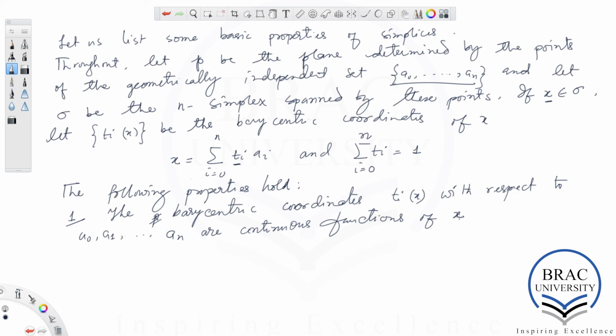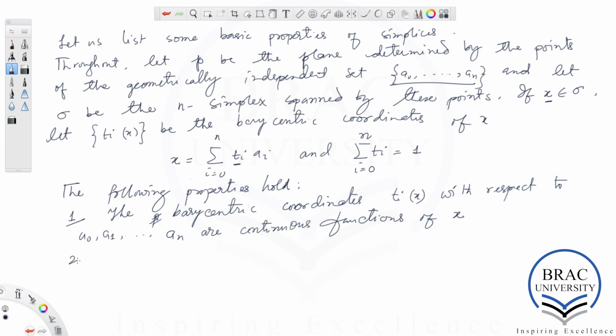These barycentric coordinates are uniquely determined by the given point x in the n simplex. Not only that, these coordinates are continuous functions of the points x.